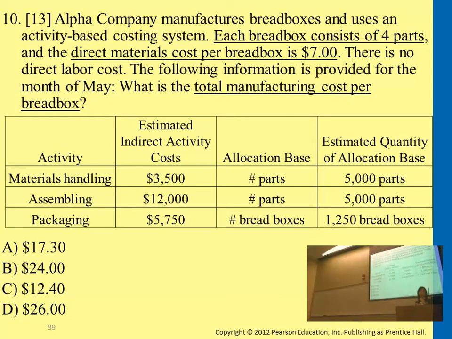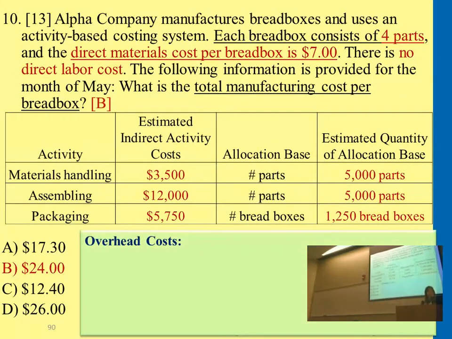So for the allocation rate, you need to ask yourself, what is the total estimated cost and what is the driver for that activity? Right, so for materials handling, we have $3,500, and the driver is the parts of the bread box. 5,000 parts is the total estimated allocation base. Assembling, total cost is $12,000. Estimated parts is 5,000.